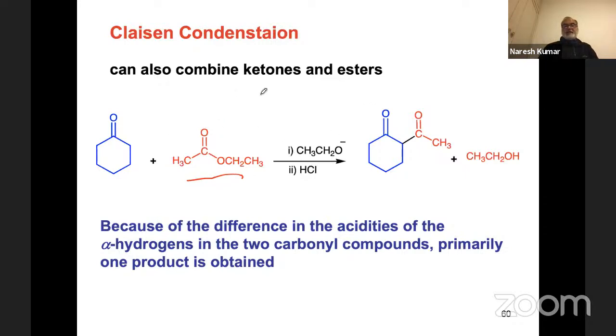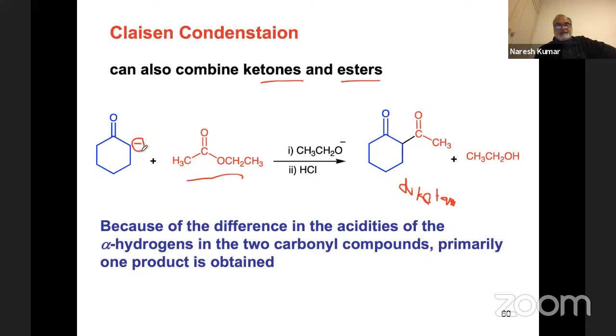And the Claisen condensation between a ketone and an ester gives you a diketone compound, because here both the carbonyl groups are a ketone group, and hence this is a diketone compound. Excuse the writing because the writing pad is hard to write with. Diketone compound. Okay, so again, mechanistically quite easy to make sense out of that.